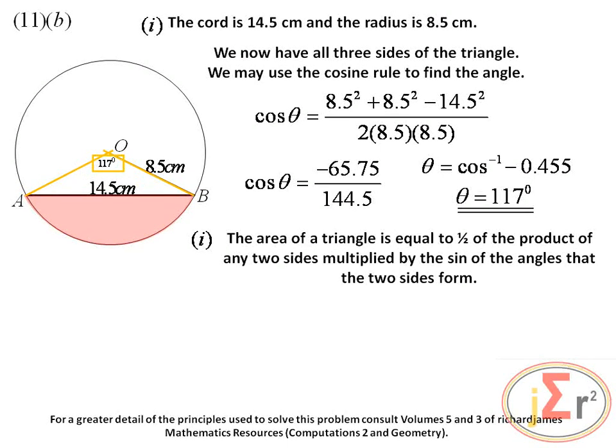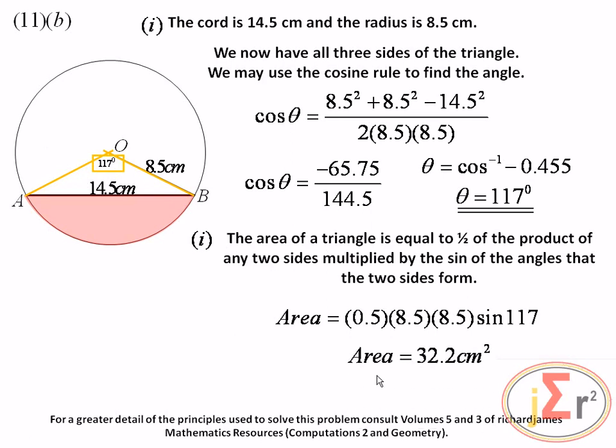So we have 8.5, 8.5, the two sides that form the angle. So area is equal to a half, which is 0.5, of the product of the two sides that form the angle, 8.5 times 8.5, multiplied by sine of the angle that the two sides form, and that area is equal to 32.2 centimeters squared.